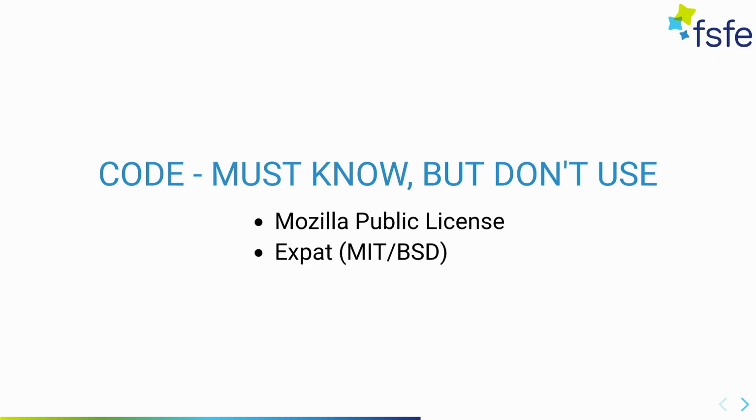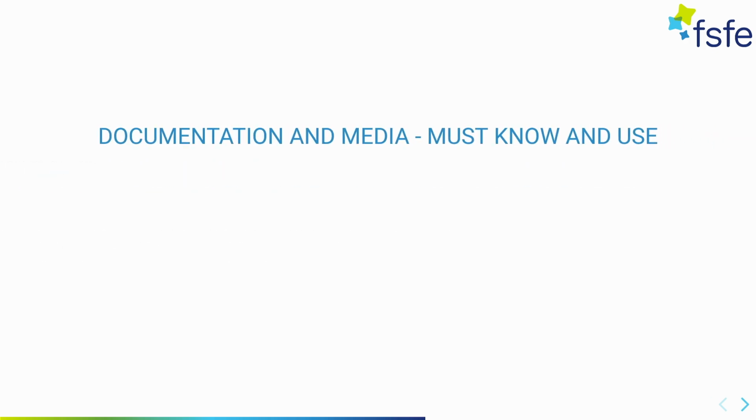Now to move on towards the documentation and media part, I grouped the two together because they work roughly the same way. It's also must know and use. So these are the ones I would recommend. And generally, all the licenses that are going to come up here are from the Creative Commons family of licenses.